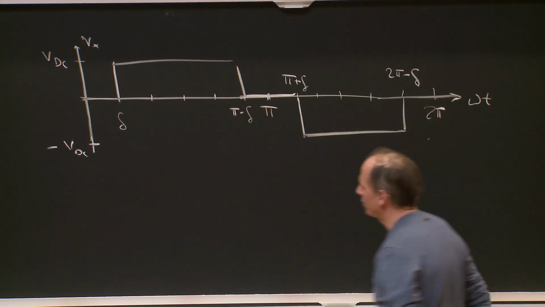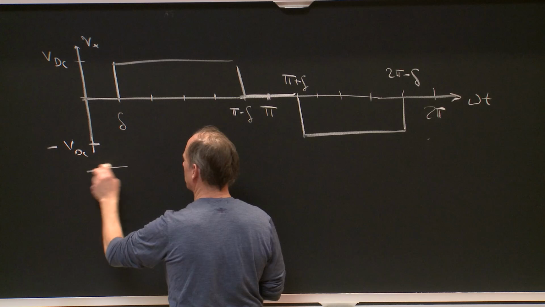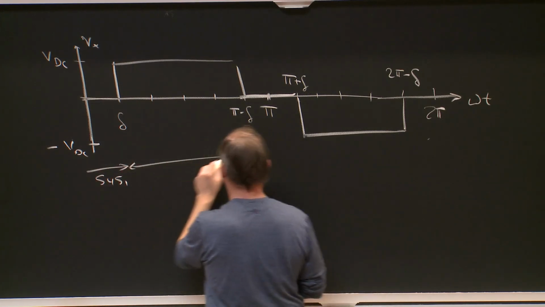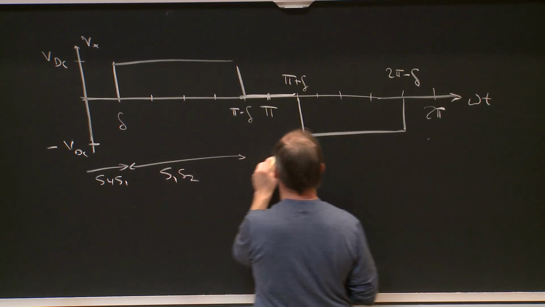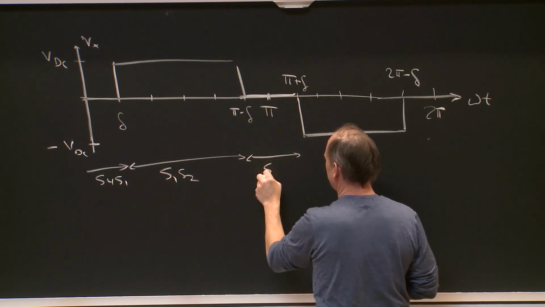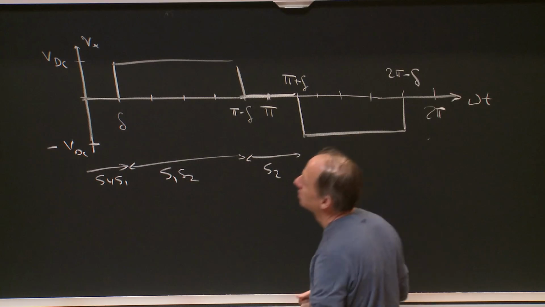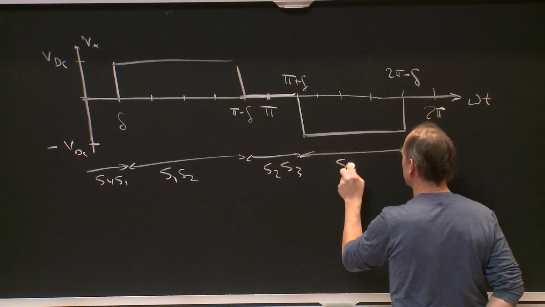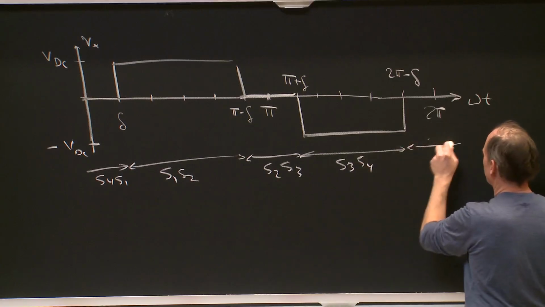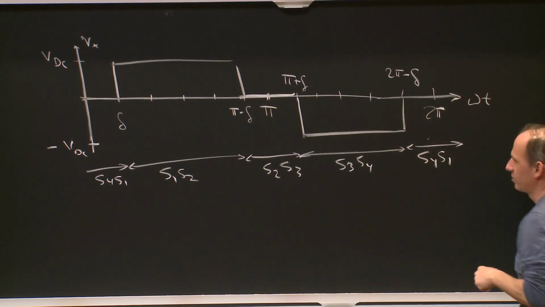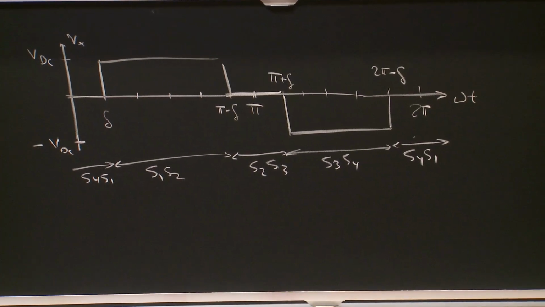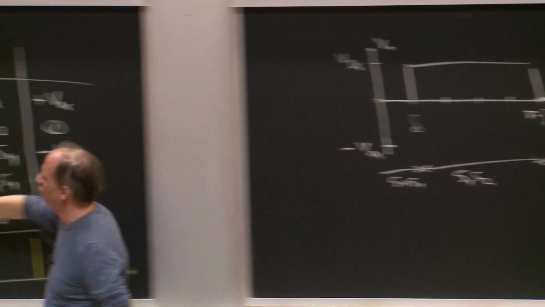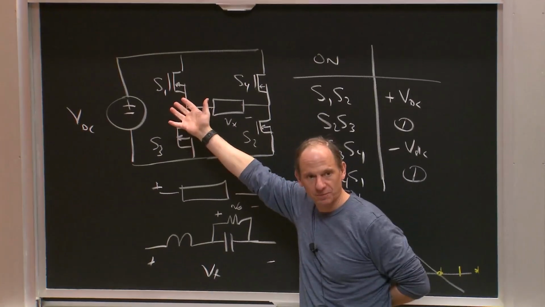And the advantage I have here is I can have S4, S1, S1, S2, S2, S3, and S3, S4, and then I'm back to S4, S1. I've switched each device on and off once per cycle, and hence I've got the lowest switching losses that I might get for synthesizing such a pattern.